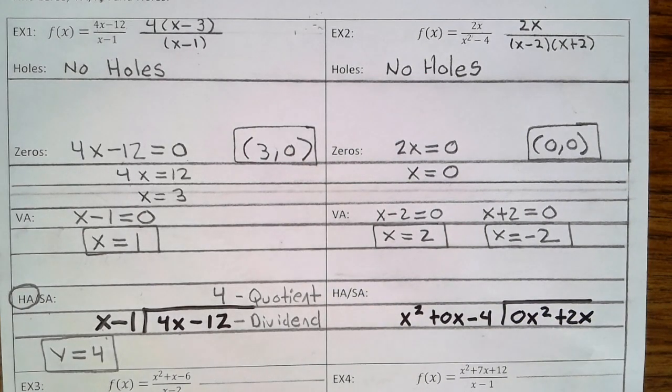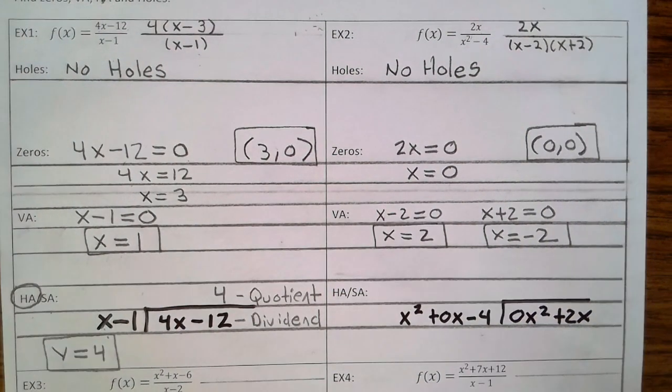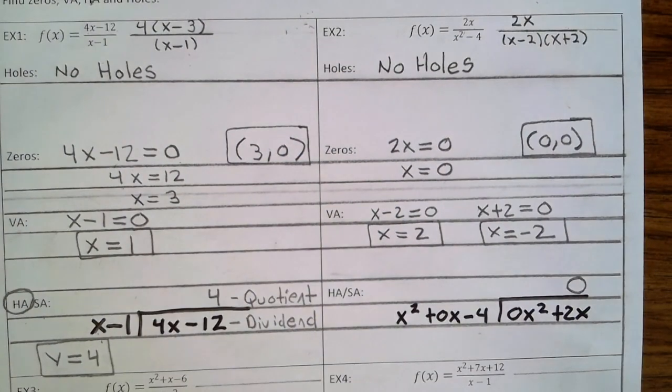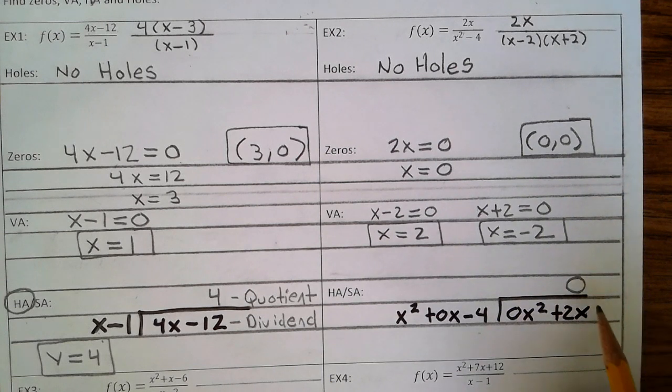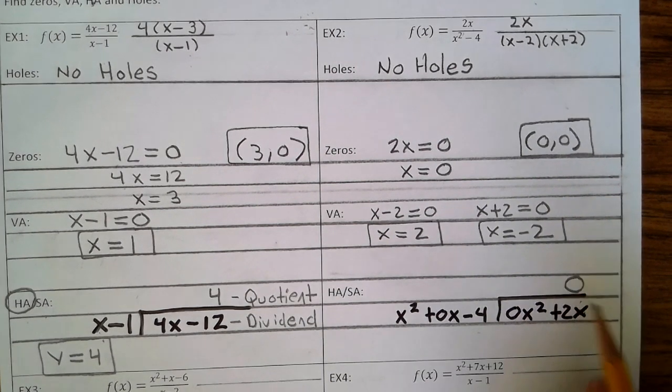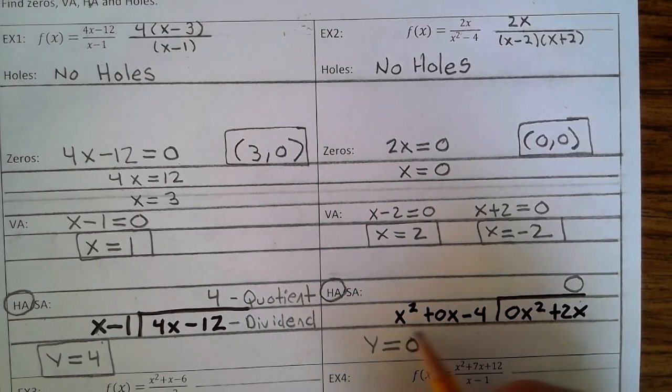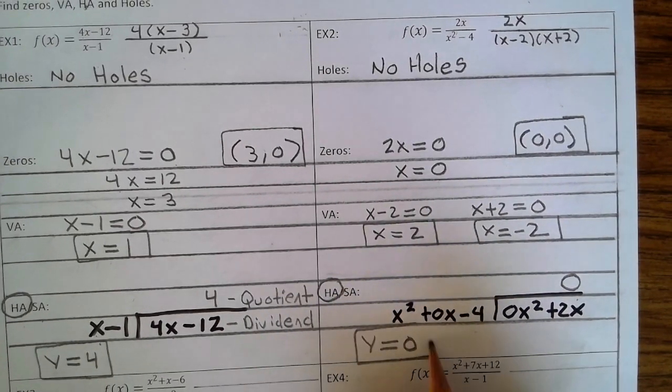Now you ask yourself, what do you multiply x squared by to give you 0x squared? The answer to that is 0. Okay, since there is no x in the quotient, we know it's a horizontal asymptote at y equals 0. Okay, go ahead and finish up example 2.